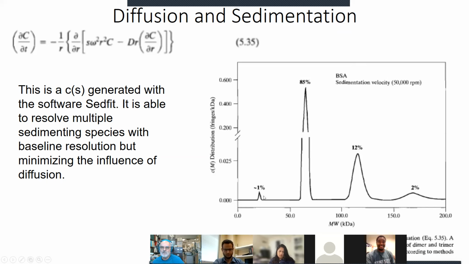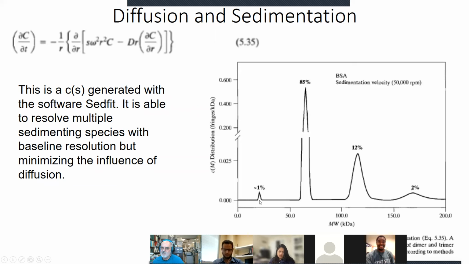Okay, you'll notice that this has been converted to molecular weight, so that M to the 2/3 analysis that I told you about, this is actually analyzed as S, and then it's converted to molecular weight. And so the molecular weight of serum albumin is around 66,000. So you can see there's 85% monomer, there's 12% dimer, there's 2% trimer, and there's a little bit of breakdown product.